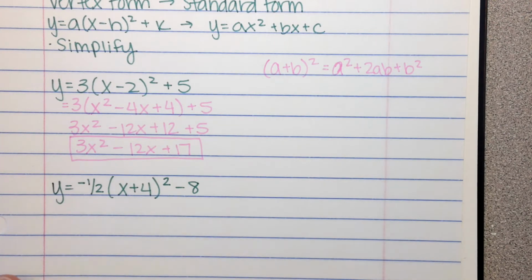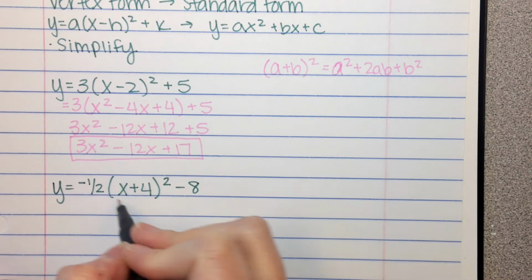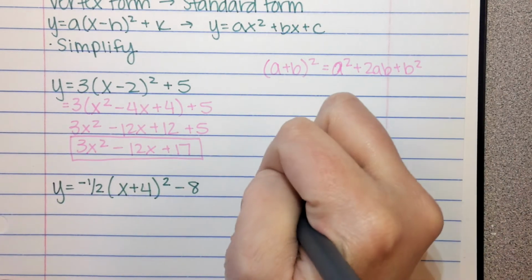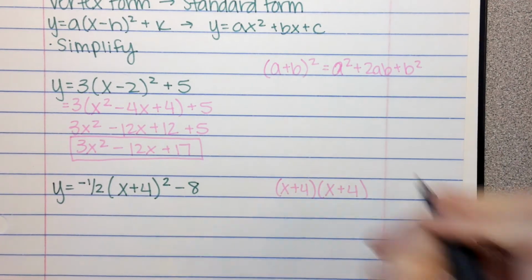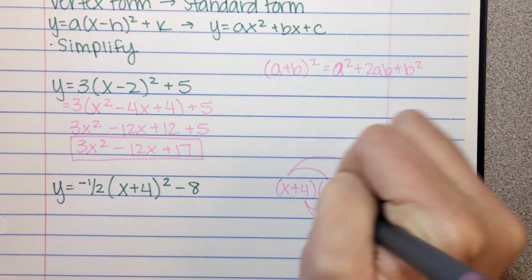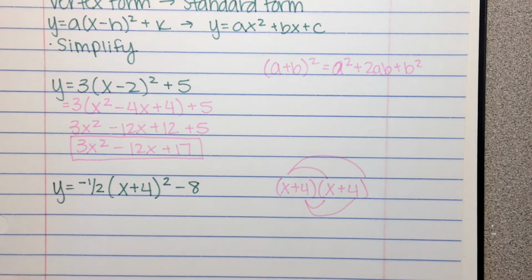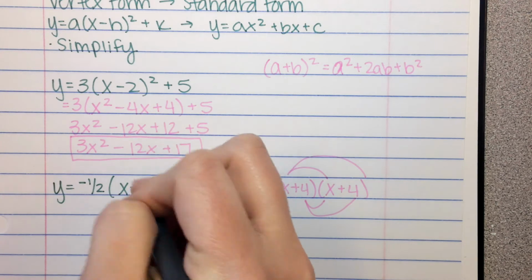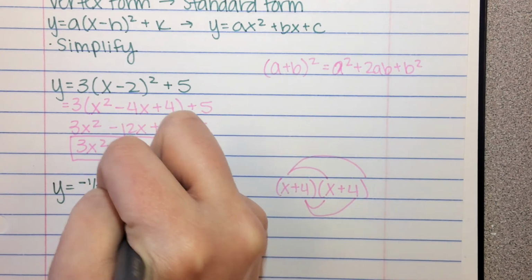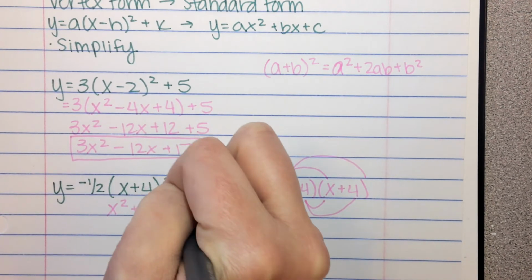Okay, let's try one more. So again, we need to square this binomial. And if you don't like that shortcut, you can do (x plus 4) times (x plus 4), and then do your double distributive property, and it'll work out the same way. So x squared, and then 2ab, so 2x times 4 is 8x, and then plus 16.